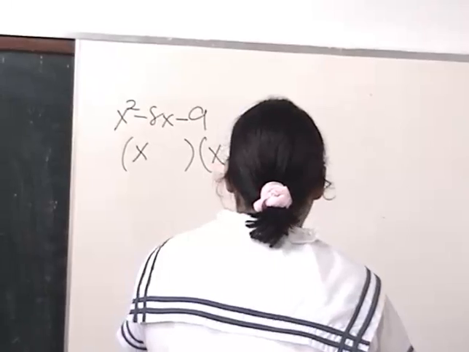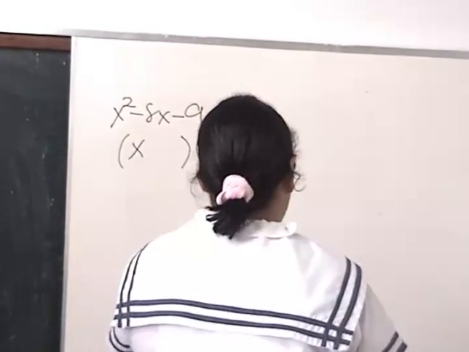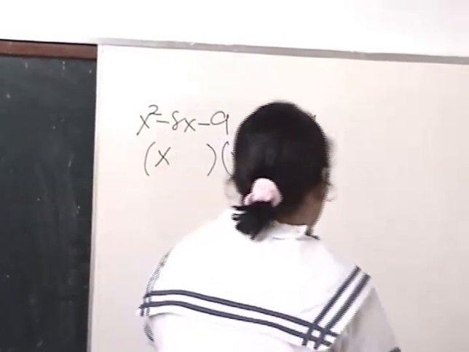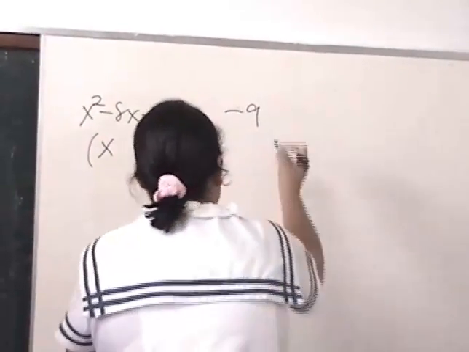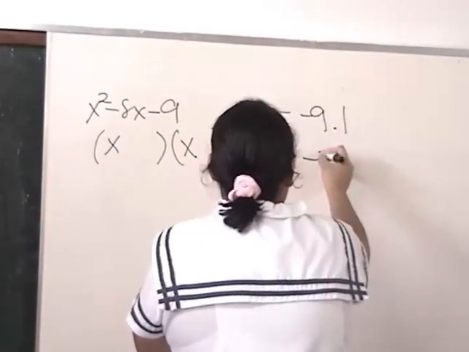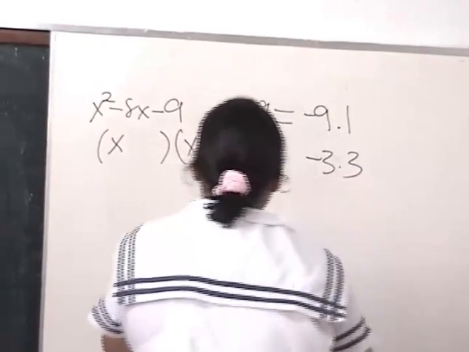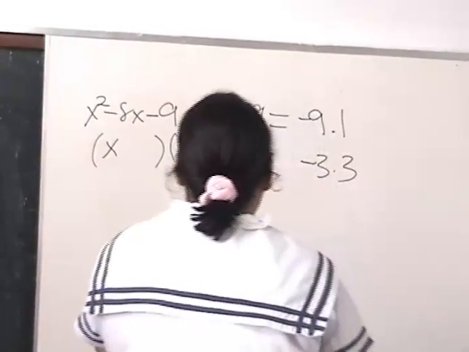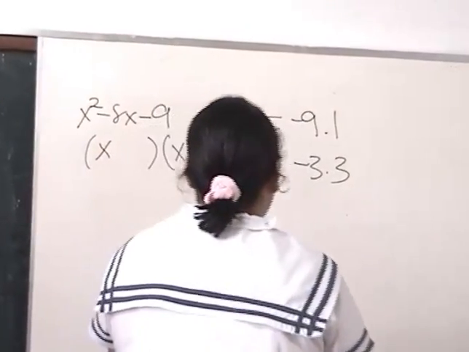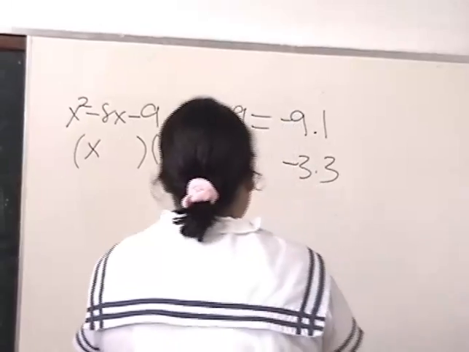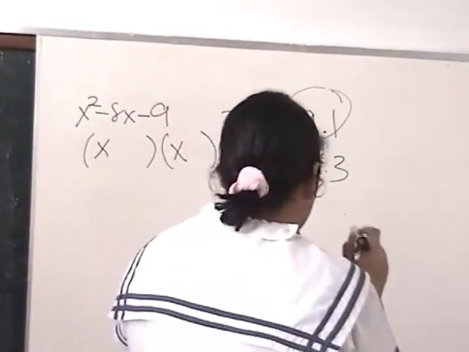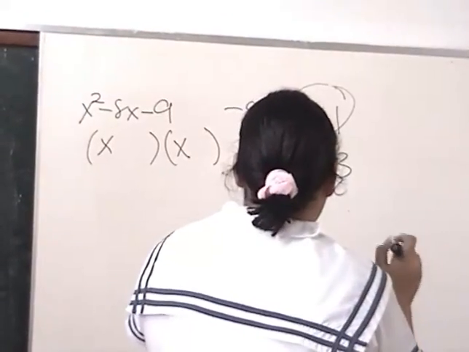First, we find the possible factors of the last term. The possible factors are negative 9 times 1, and negative 3 times 3. The correct pair for negative 9 is negative 9 times 1, because when we add negative 9 and 1, it is equal to negative 8.